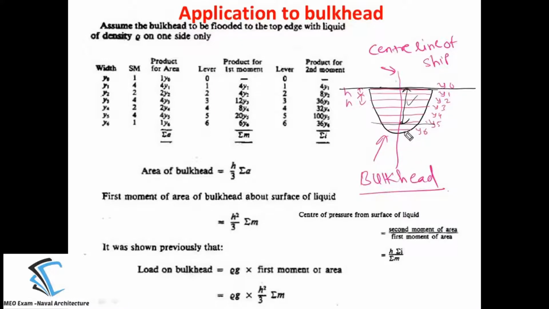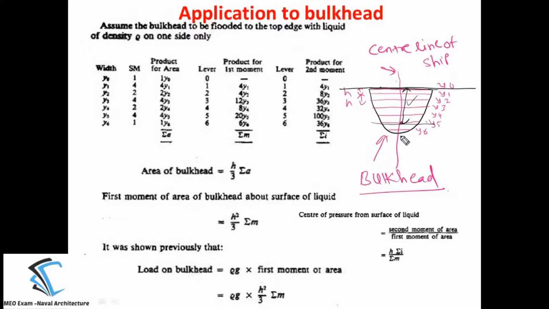Both are not in the same direction as it was in the center line condition which we have done earlier. That's the reason we are going to solve this numerical like we have done for the transverse axis method.